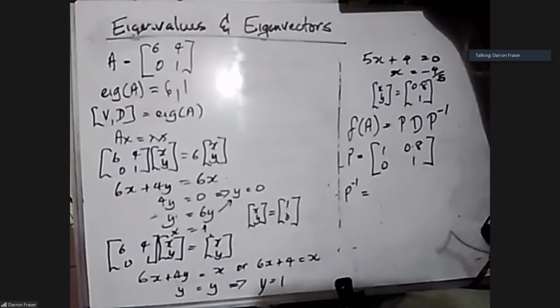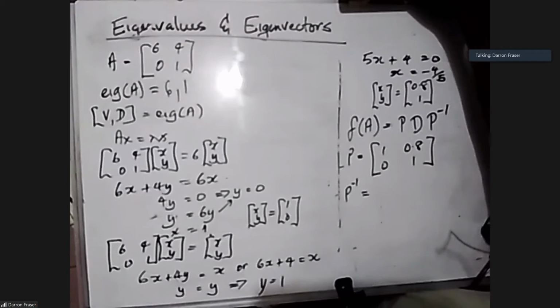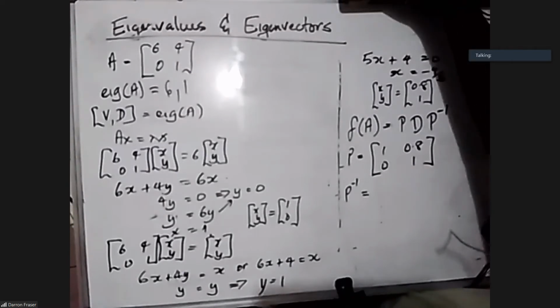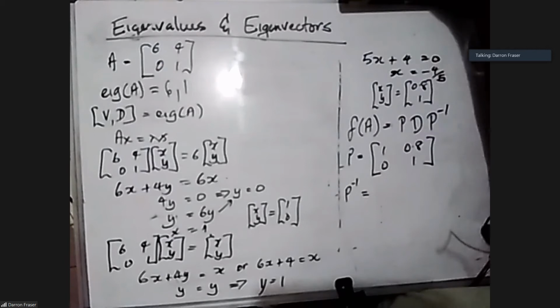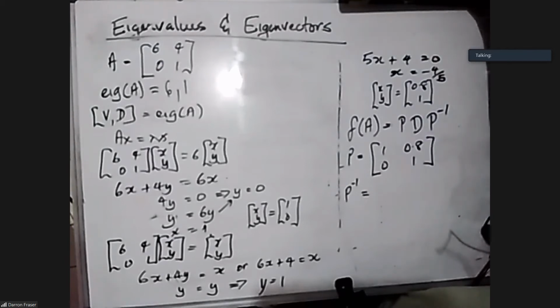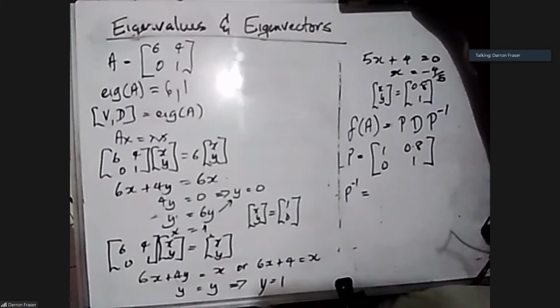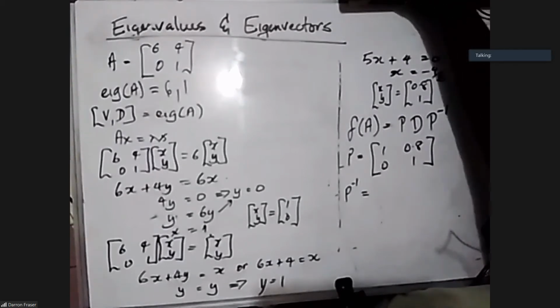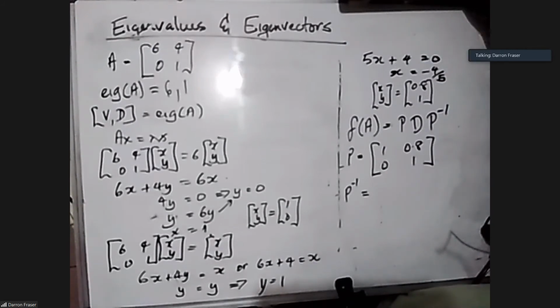So we're going to type in P equals, square bracket first, 1, negative 0.8, semicolon, 0, 1, close the bracket.